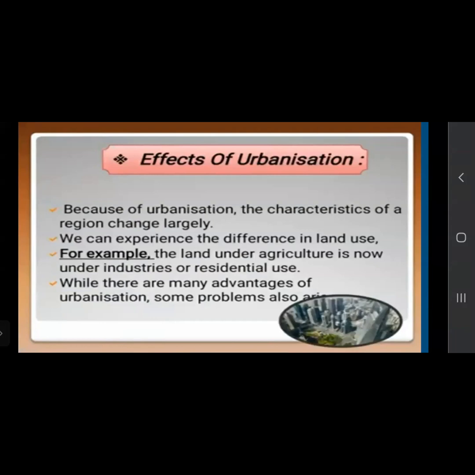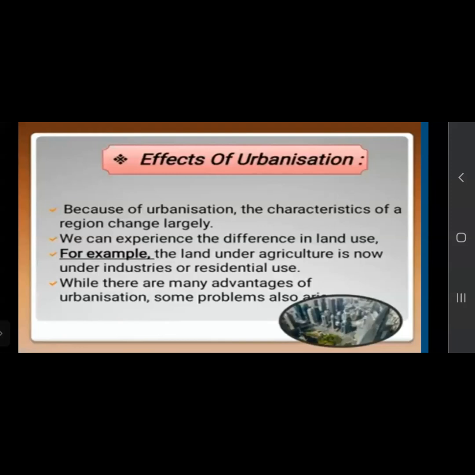What are the features of that particular region that are going to change majorly? We can experience the difference in land use, and also the changes that have taken place. So the main thing is the difference in land use.